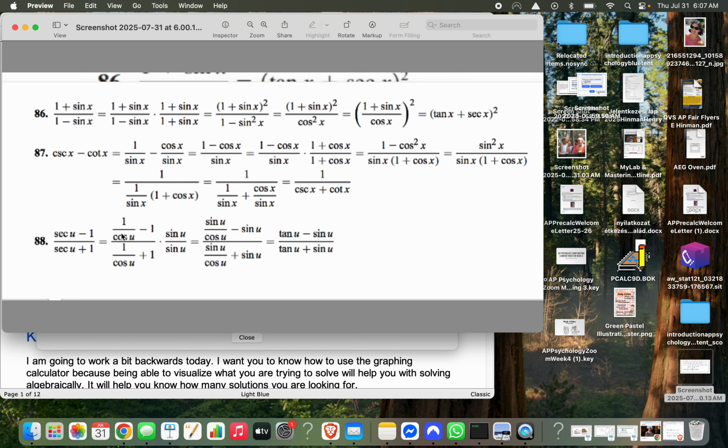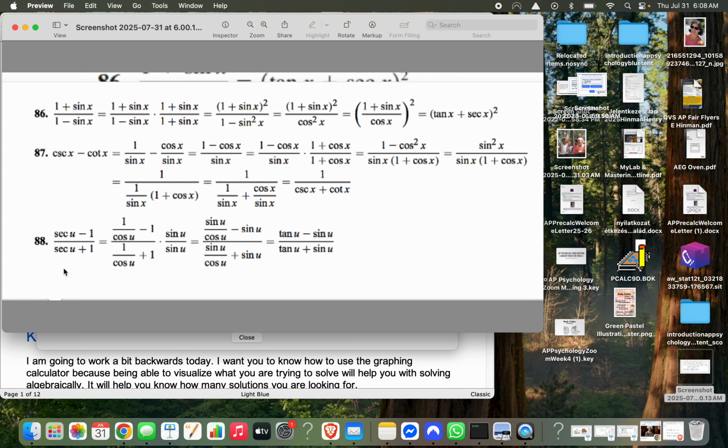So they were thinking, okay, I need to create the sine over the cosine to get to a tangent. That's why the 1 that they chose to multiply by this time is the sine, because then I end up with the sine over the cosine minus the sine. You have to distribute this times this, and same thing in the denominator. And then I end up with the tangent minus the sine and the tangent plus the sine.